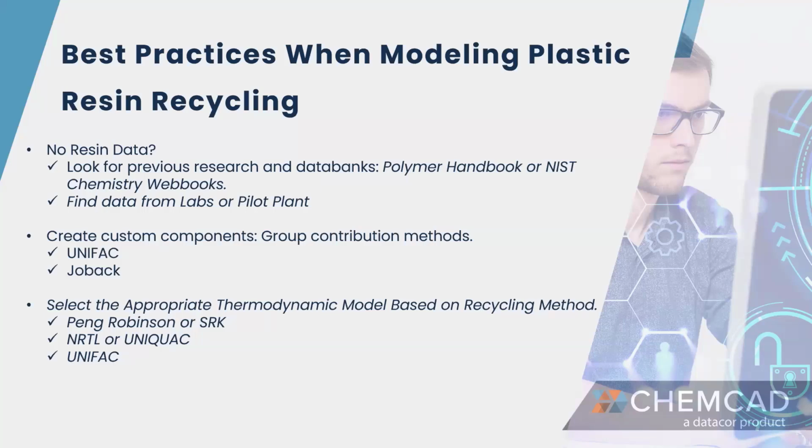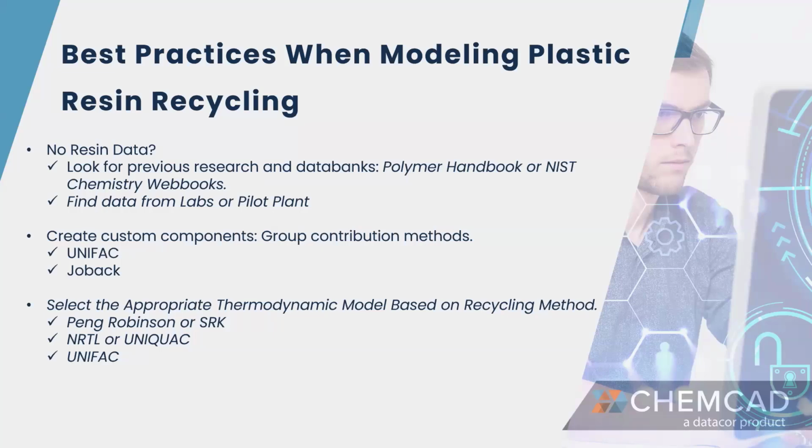These polymer data banks are usually available online, so you can research data for your specific resin. You can also check if you can get data from labs, or perhaps if you have a pilot plant.